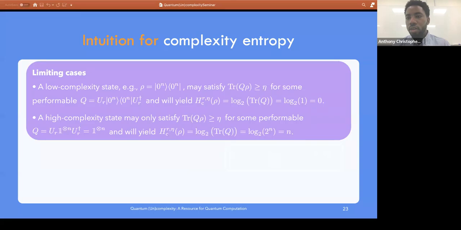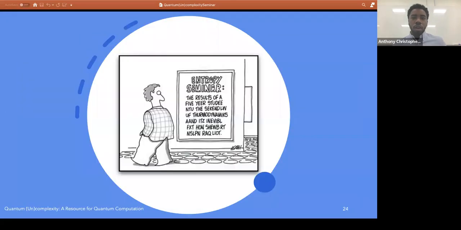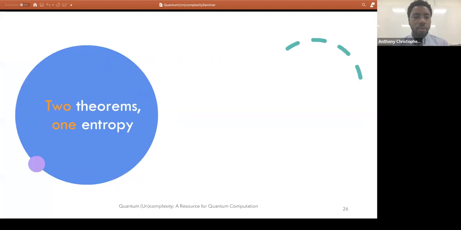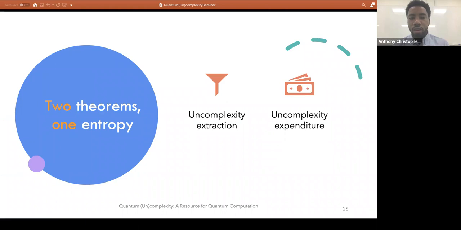I see, okay. Okay, so let me move through the last part of this relatively quickly, just so that I'm good on time. The last part of this talk is the optimal task efficiencies. We have a couple of theorems, one corresponding to uncomplexity extraction, another to uncomplexity expenditure.